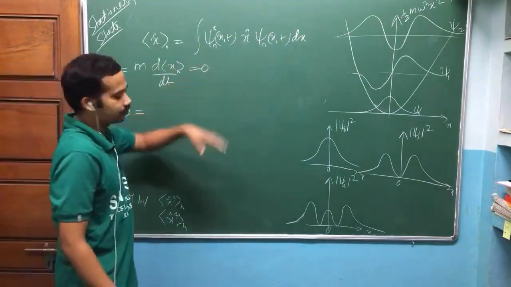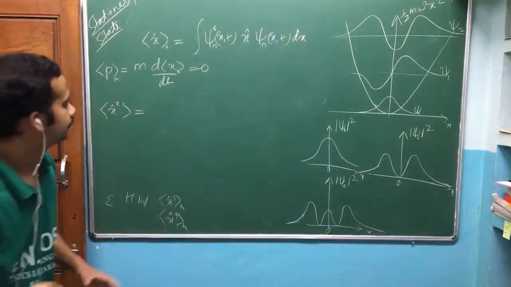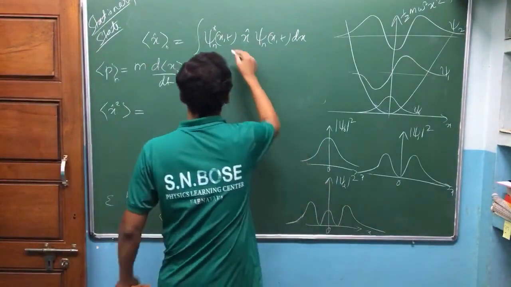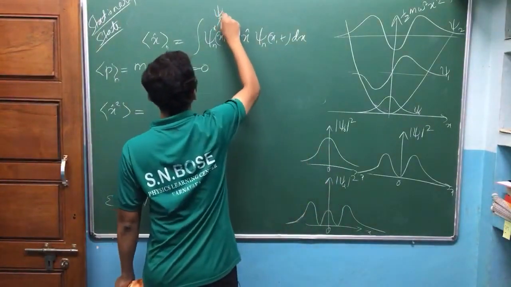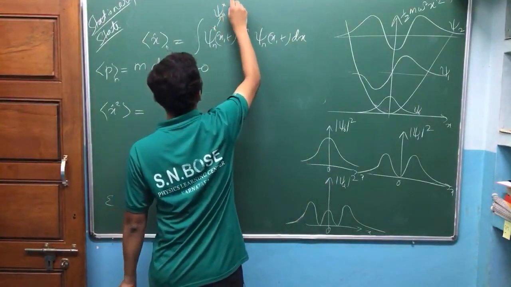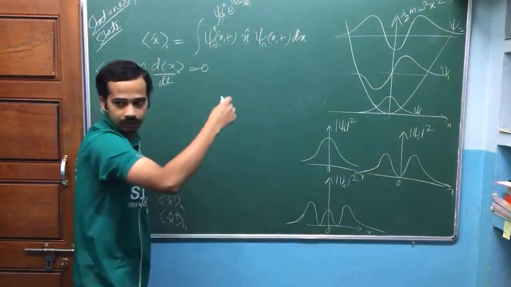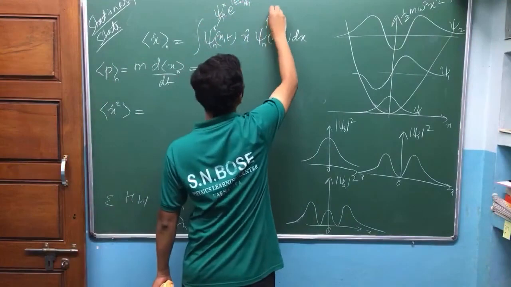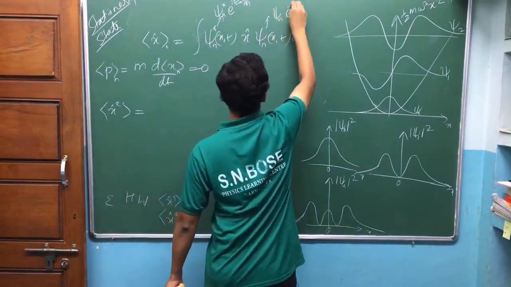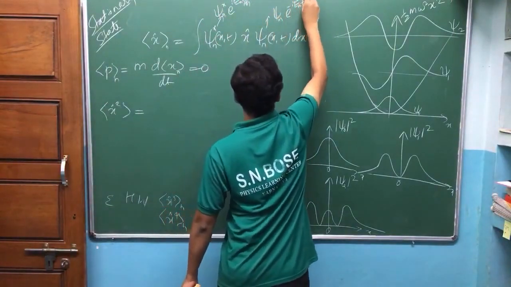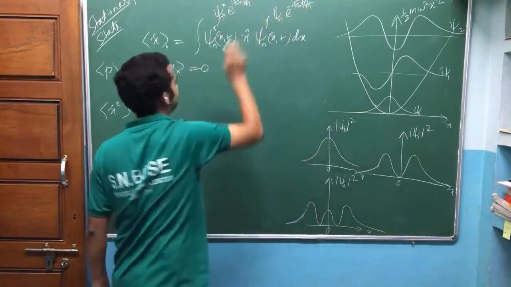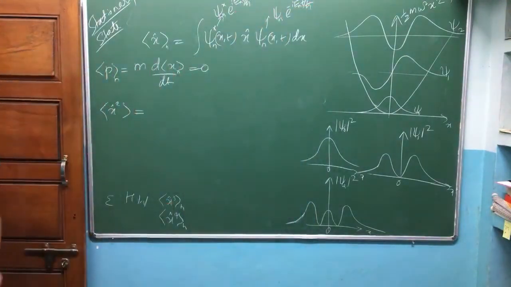If I substitute, what will happen here is psi n star into e power i E n t by h bar star, and this is equal to psi n into e power minus i E n t by h bar. These two will give e power 0.